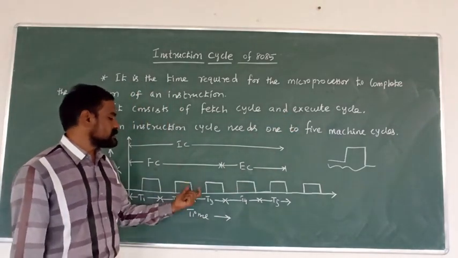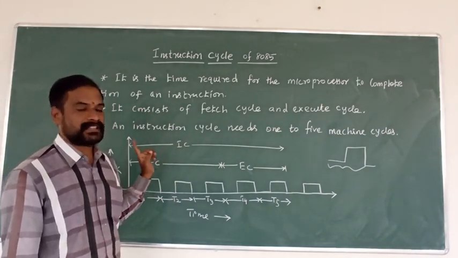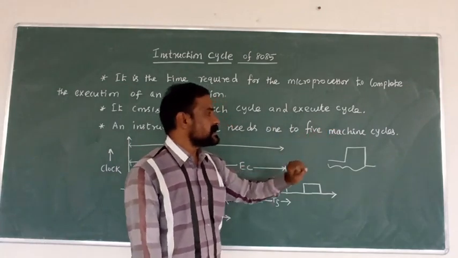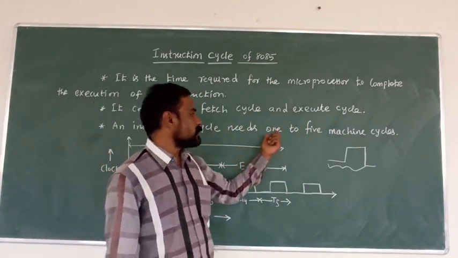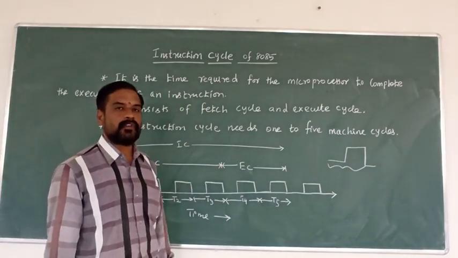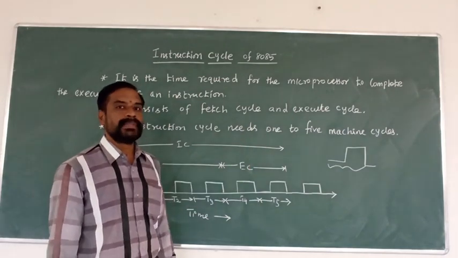A total of 5 T states are required to execute one instruction. And machine cycles required are 1 to 5, minimum 1 and maximum 5 machine cycles.